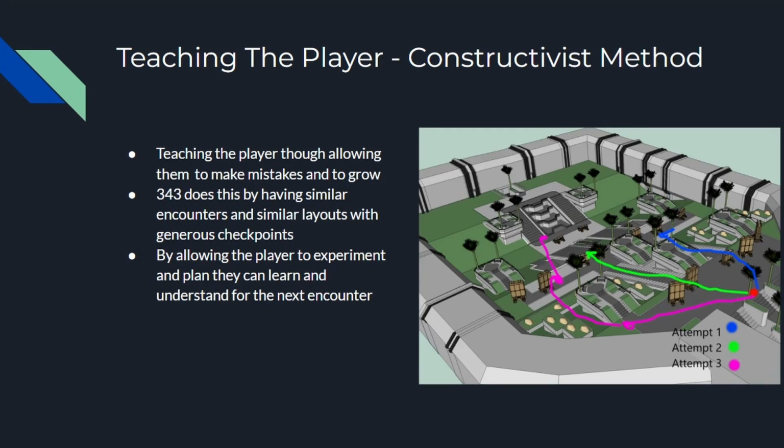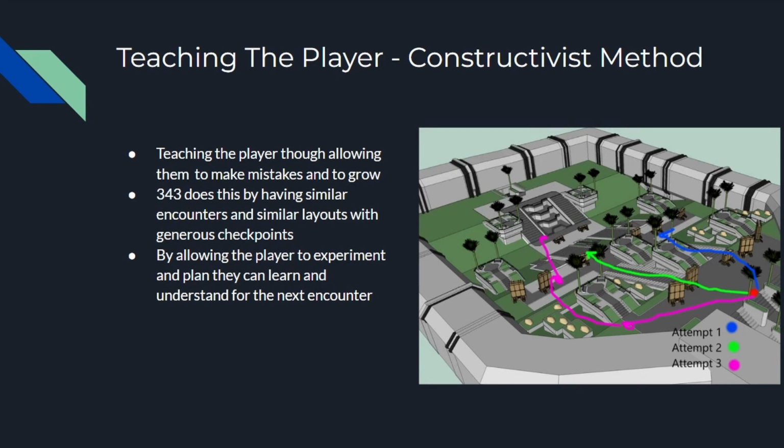Another really important thing is the Constructivist method. The Constructivist method basically is about teaching the player and allowing them to make mistakes and to grow from those mistakes. 343 does this extremely well by having very similar encounters and similar layouts with really generous checkpoints.